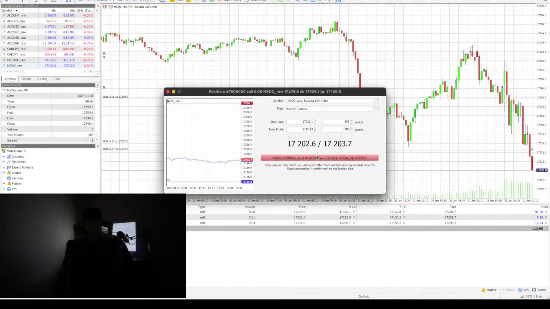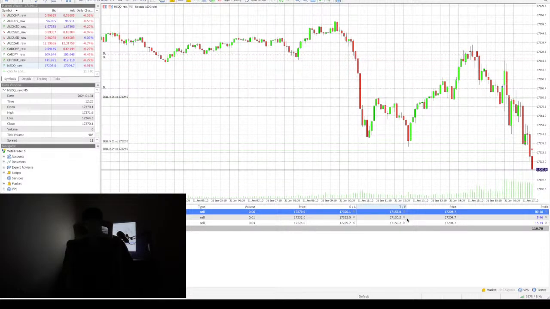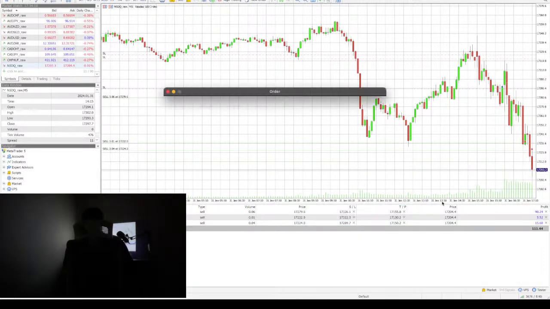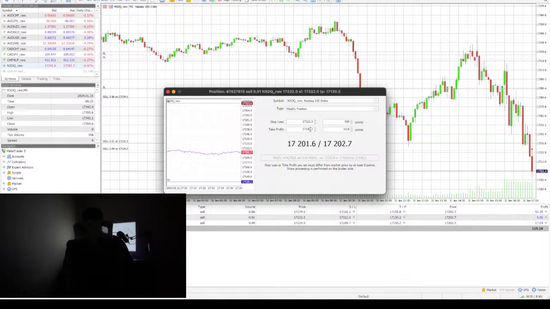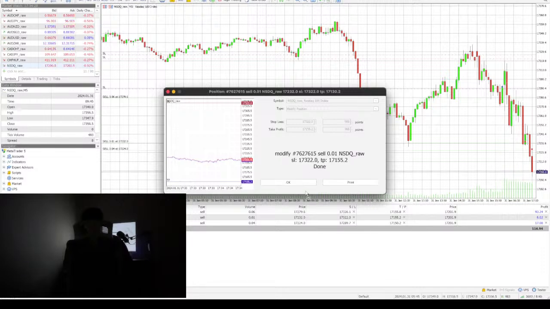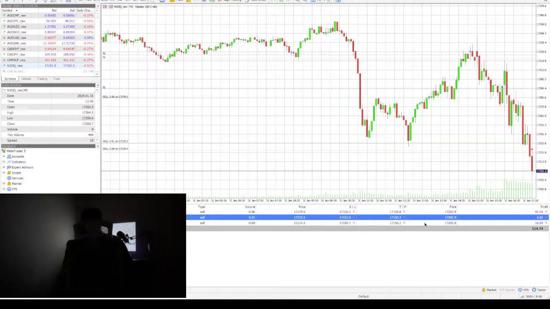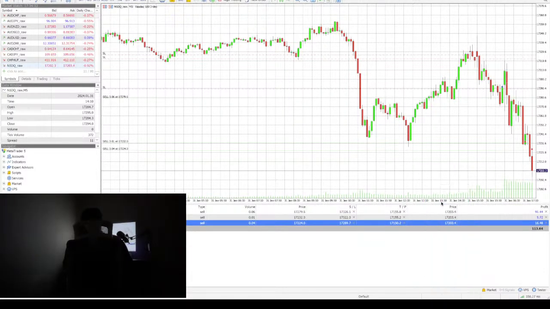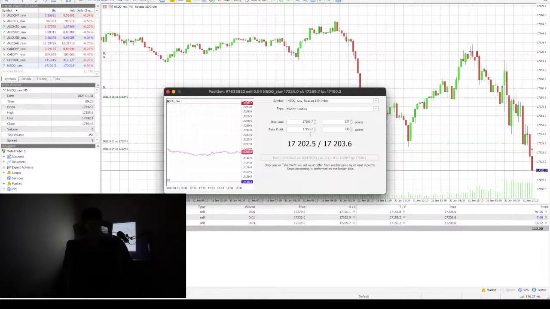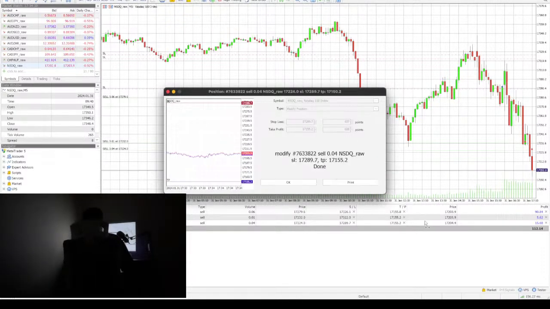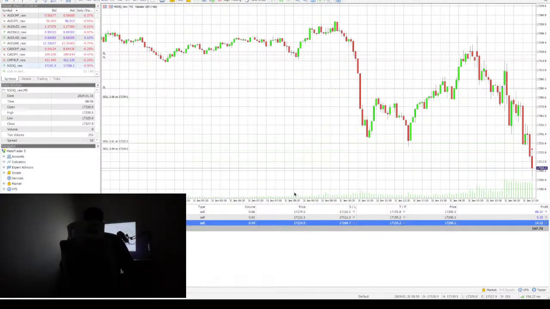So I'm placing all the targets at 17155.8. So this is our position now.